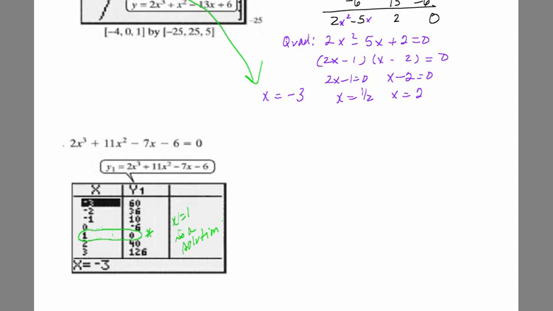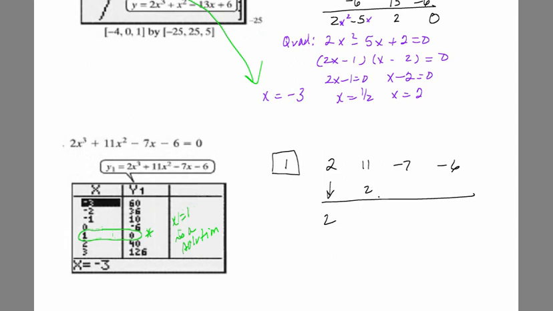So from the table we can grab a solution and we can start our synthetic division to get it down to a quadratic to find the last 2 solutions. So let's divide by 1. No sign change thing here. Write out coefficients, no missing terms.